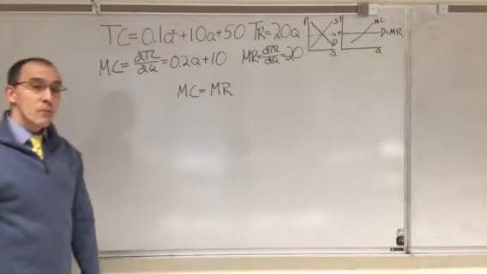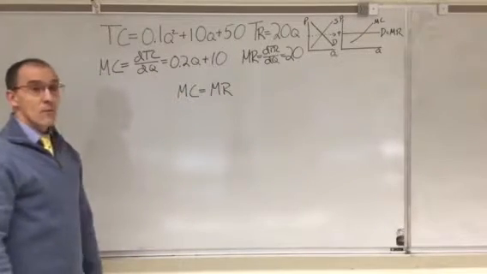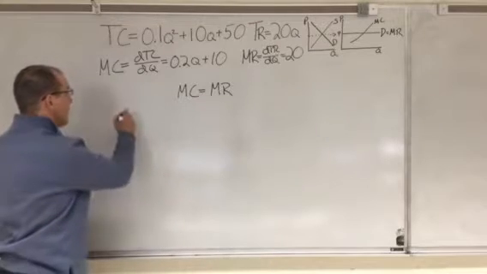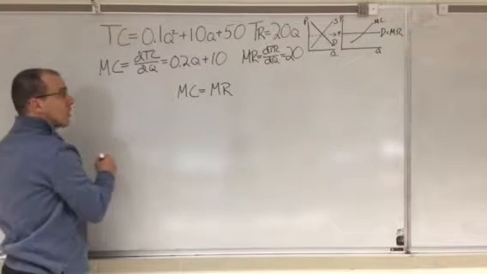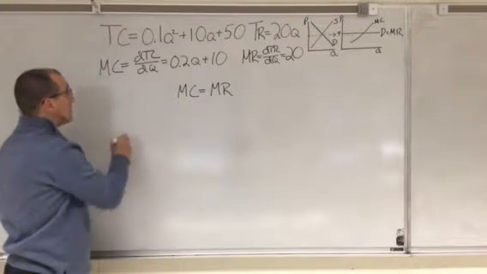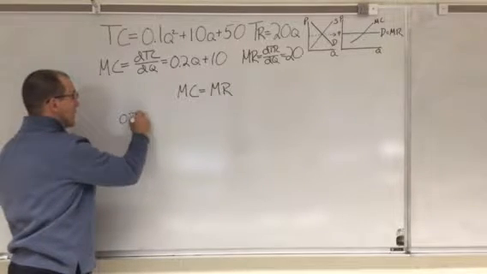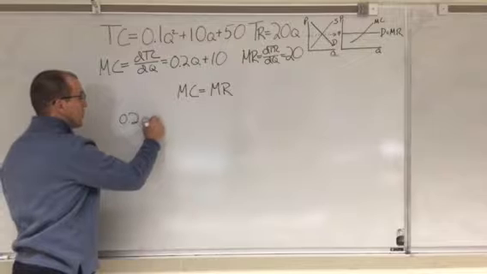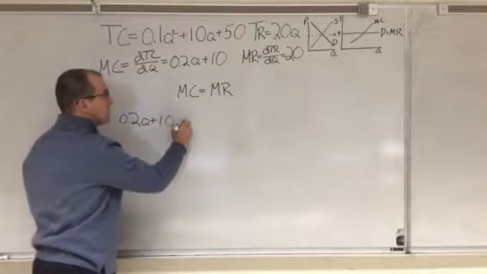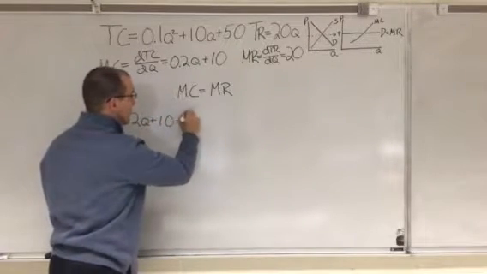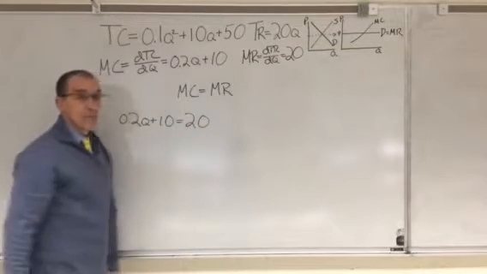So to find out the profit maximizing quantity for this company, I'll set my marginal cost equal to my marginal revenue. That is 0.2 Q plus 10 equals 20.